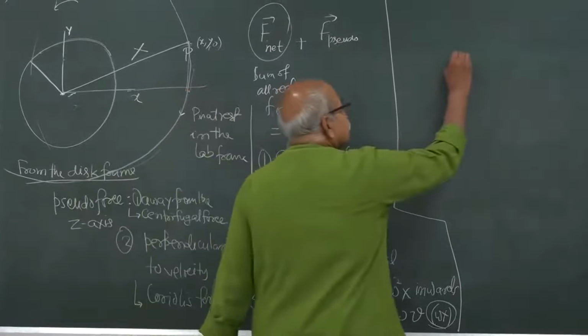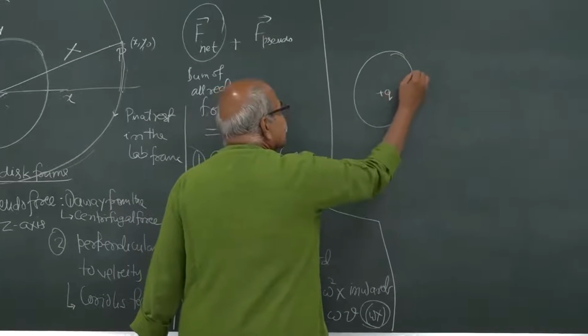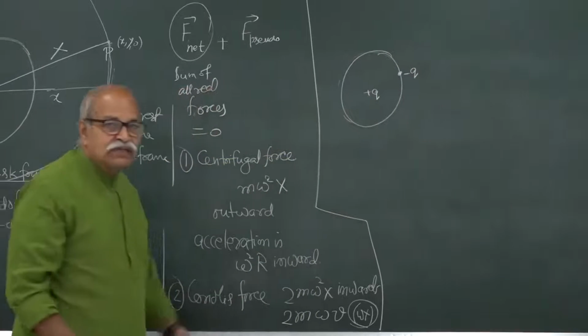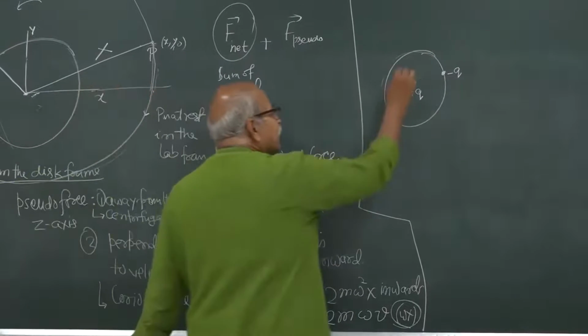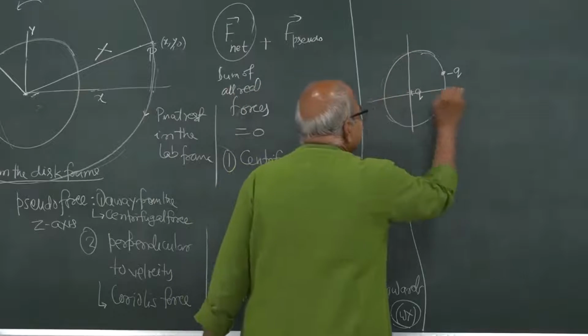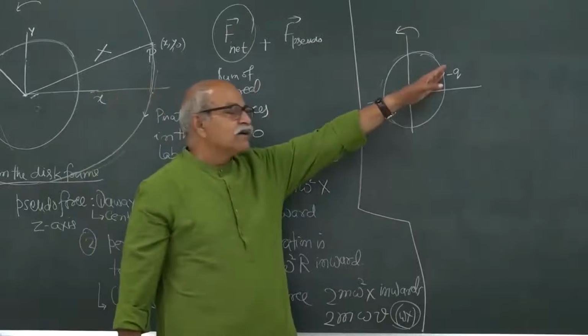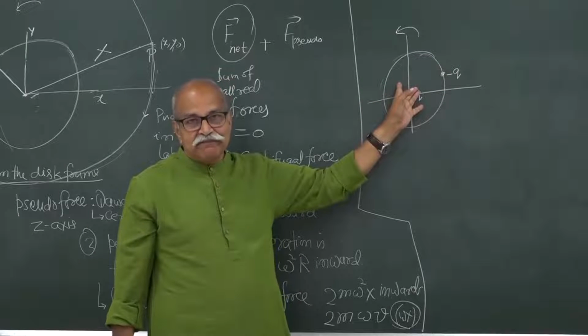If you consider Bohr's model, you have a plus q charge here and minus q charge here going in a circle with some uniform speed. So, if I put up a frame which is rotating at that same angular velocity, the charge is not moving in that rotating frame.